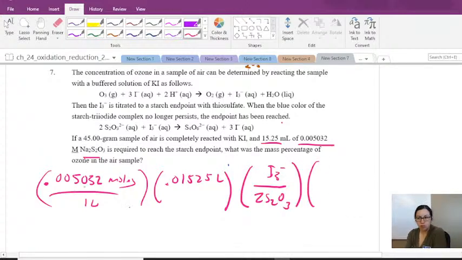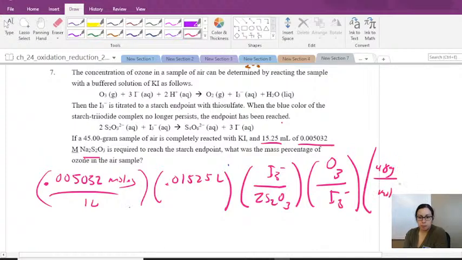Excellent. So I was trying to write all that, so moles, then divide by 2, and then that equals ozone still, so I could do this. And then times it by mass of ozone. So something like that.